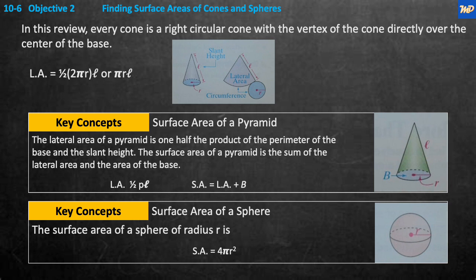In this review, every cone is a right circular cone with the vertex of the cone directly over the center of the base. So there's no slanting cones, okay? And it says here that the lateral area is 1/2 2 pi r times L, or pi RL. I like the pi RL.